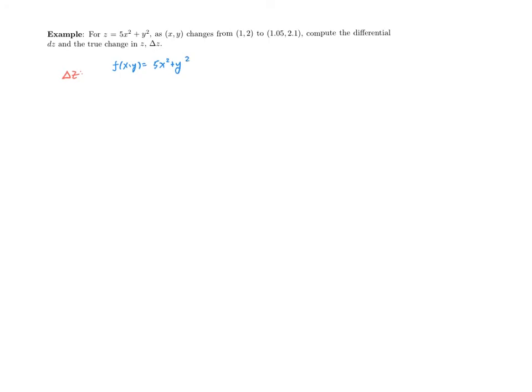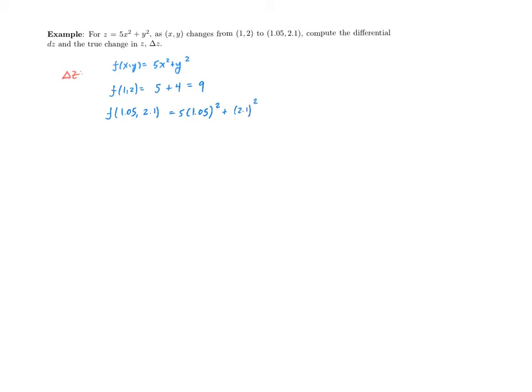So we can immediately observe that f of 1, 2 will be 5 times 1 squared plus 2 squared, which is 9, the simpler value to compute. And we can also compute f of 1.05, 2.1. This will be 5 times 1.05 squared plus 2.1 quantity squared.